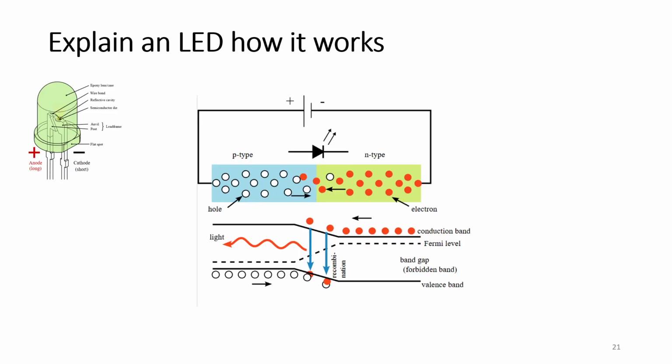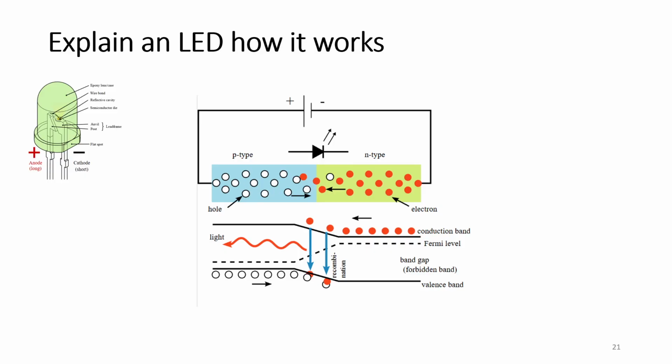To understand this process energetically, the band diagram is used. The diagram shows the conduction band, the valence band, and the band gap, the forbidden band between them. The Fermi level represents the energy level that indicates the probability of electron occupancy.